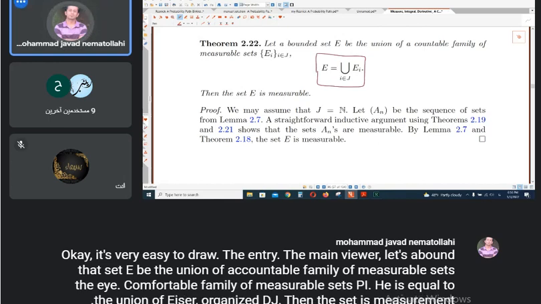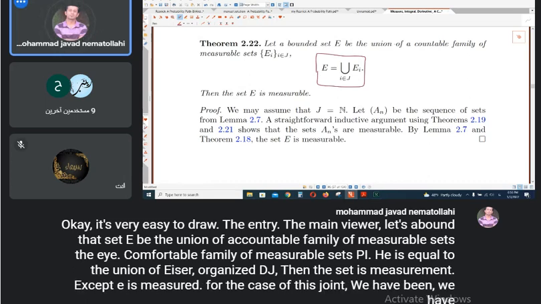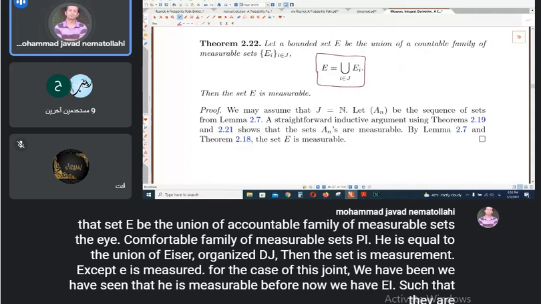Set E is measurable. For the case of disjoint sets, we have seen that E is measurable before. Now we have E_i such that they are not necessarily disjoint. We may assume that J equals N because J is countable.